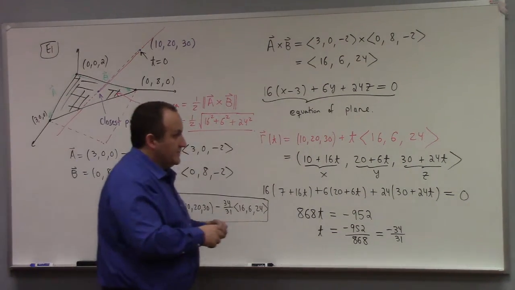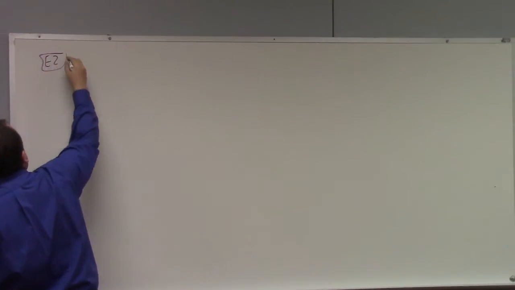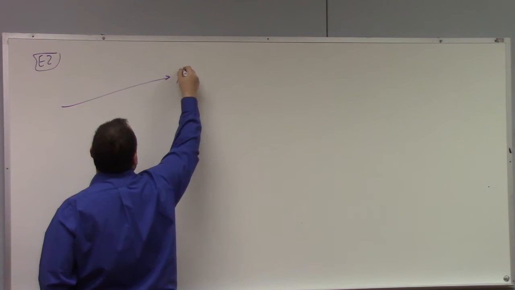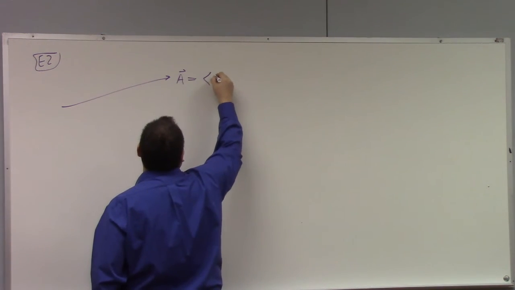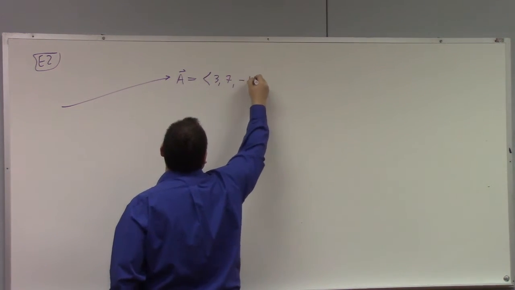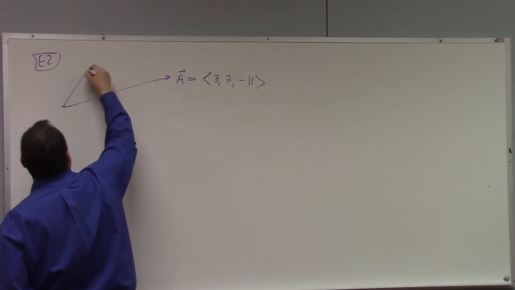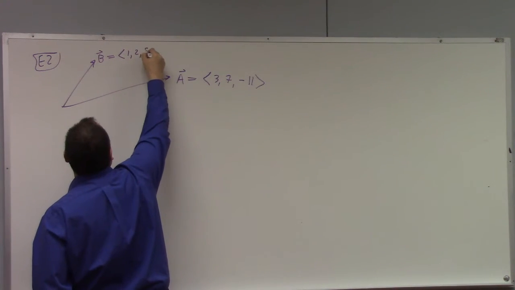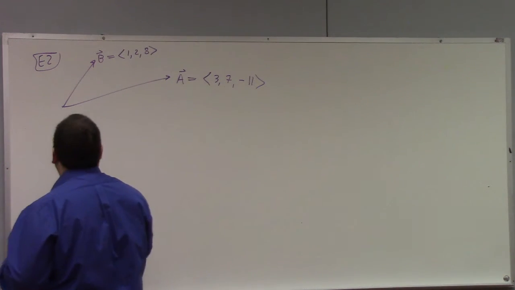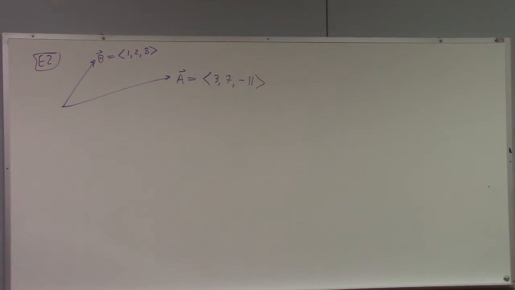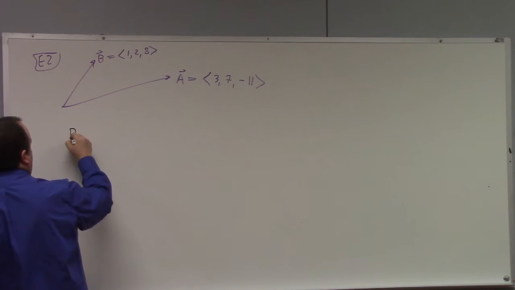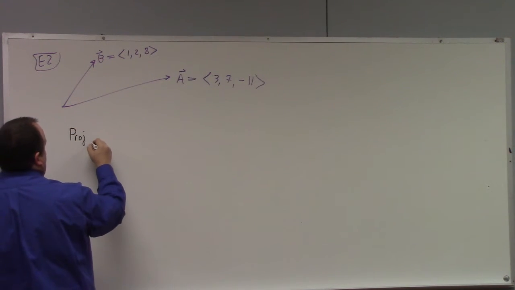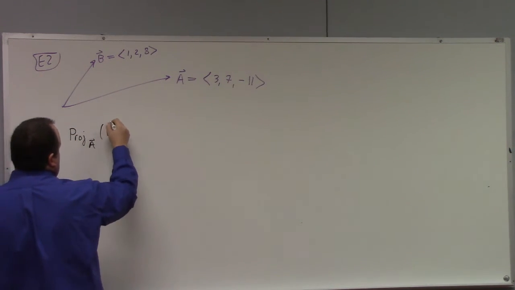All right. Example 2. Another thing you guys are probably a little rusty on. What if I'm like, here's vector A, which is 3, 7, minus 11, and I've got a vector B up here, which is, let's say, 1, 2, 8, and I want to calculate the projection of B onto A. What's the projection of the vector B into the A direction?